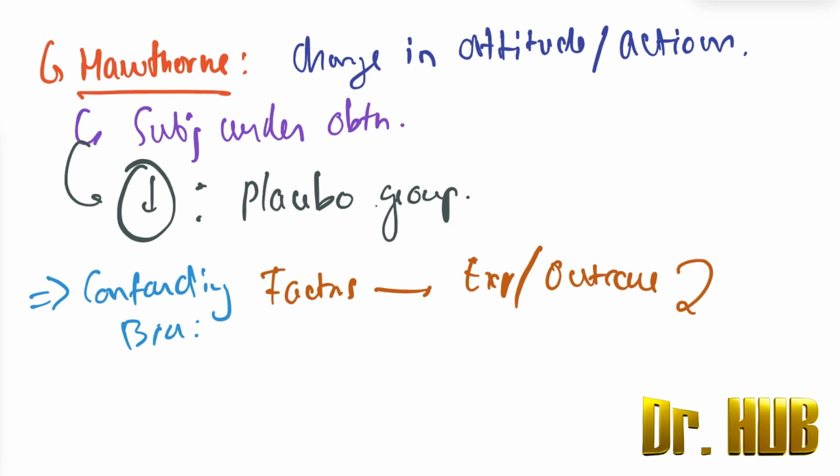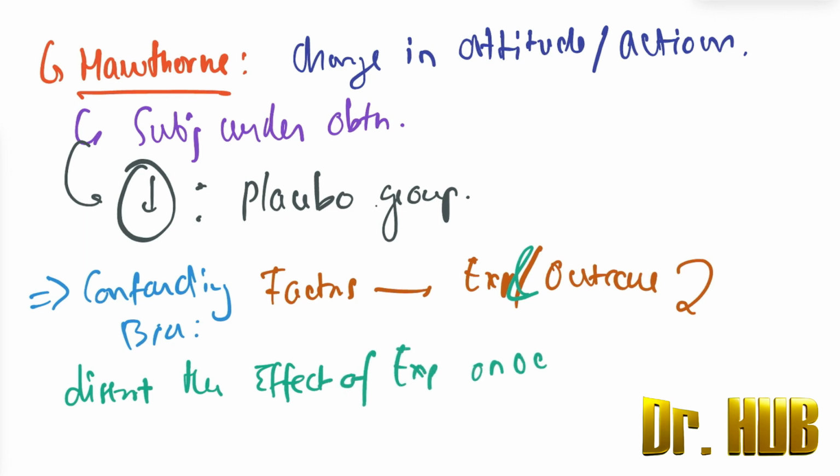So let's repeat again the factors which are related to both the exposure and the outcome. They distort the effect of exposure on the outcome.